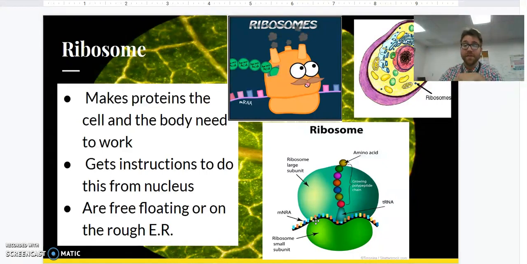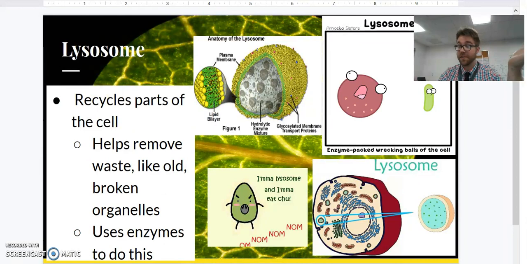This is the message that the nucleus sends to the ribosome, and it uses this mRNA to build the proteins one amino acid at a time. Now, these ribosomes could be free-floating, or they could be attached to the rough endoplasmic reticulum, or, if you're lazy like me, rough ER.